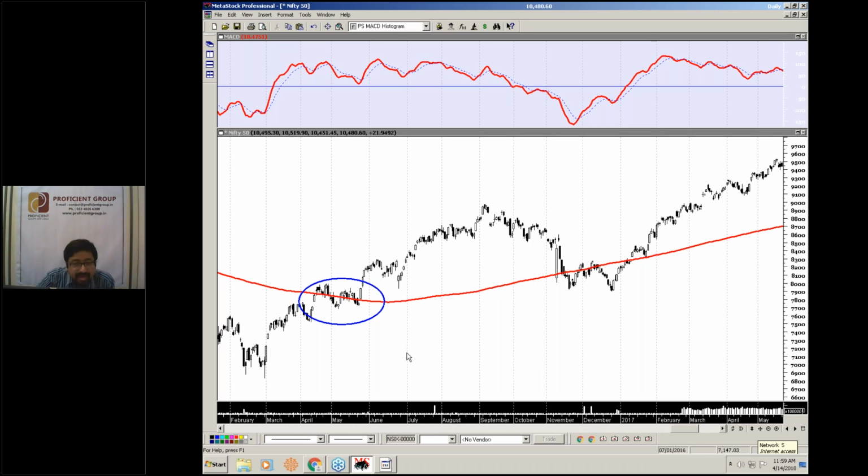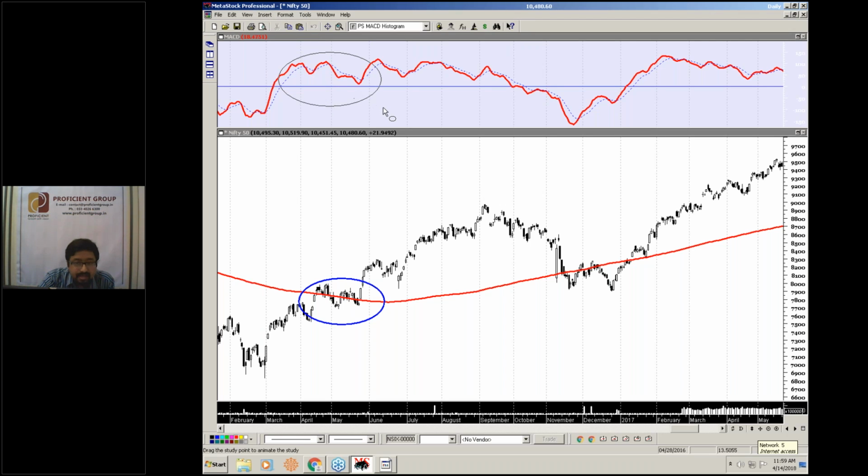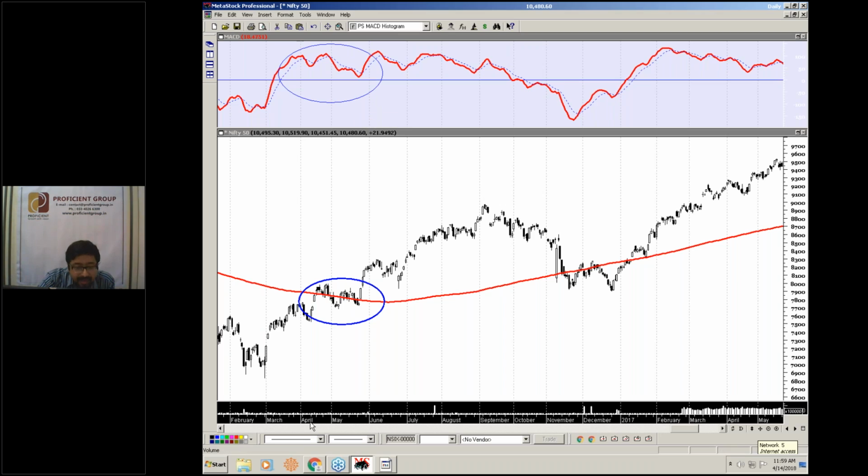But now look at this MACD, what it did in the same period. The MACD in the same period actually stayed above its zero line for the entire period. It never came below the zero line, right?